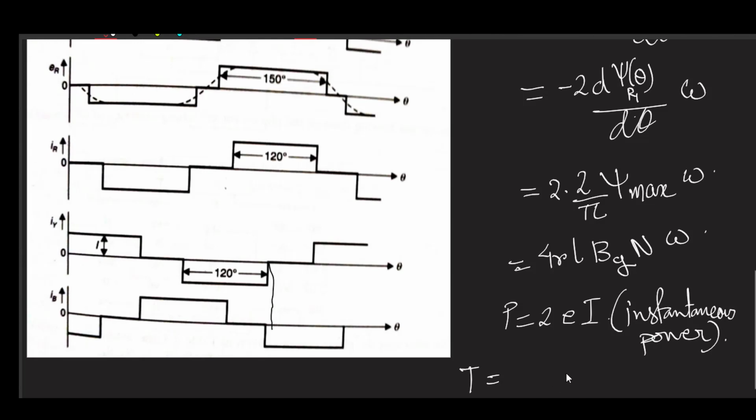P will be P by omega, right? Now in this P by omega is equal to 2 EI by omega.